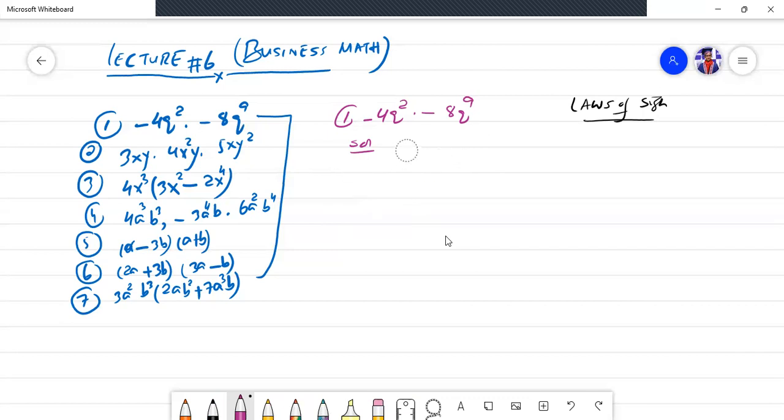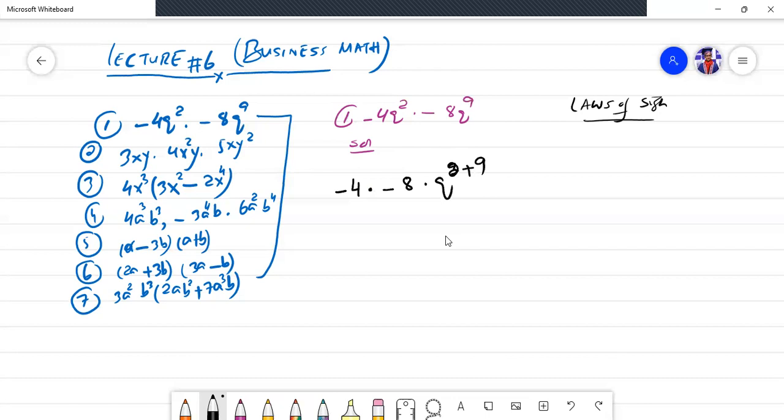So first let me rub the whole equation. See, minus 4 times minus 8 times q raised to power 2 plus 9. Okay, it is done. The first part of the problem is done.